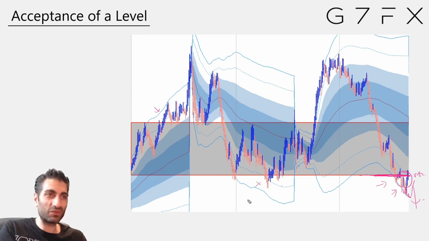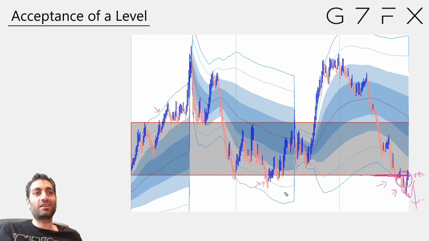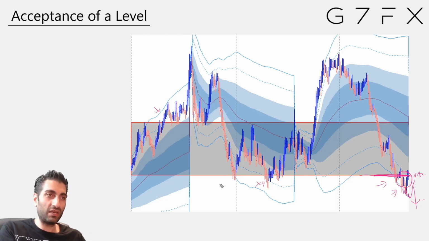Let's be honest, 99 out of 100 people are going to say, nah, that's not enough. I'm not going to take that as having broken my value area low. In fact, I think 99% of people would say no. Me, I wouldn't take that in a million years.